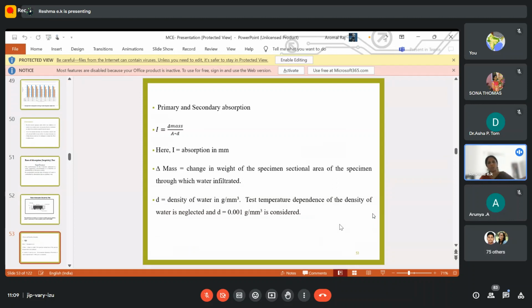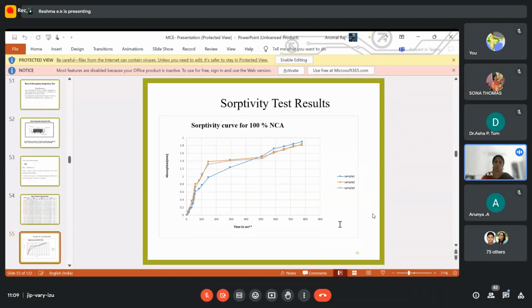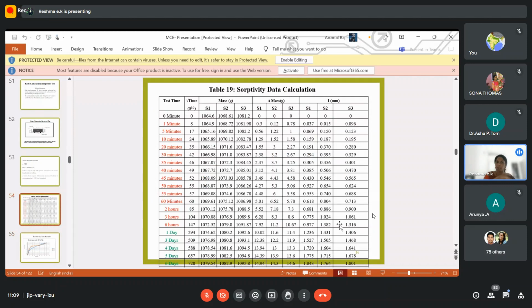Absorption is equal to change in mass divided by area of cross section times density of water. And then this is the table which represents the sorptivity data. This S1, S2, S3 is only for one sample I have done. I have done this for the R0 mix, RJ0 mix, RJ50 and RJ100. This is just an example of one.